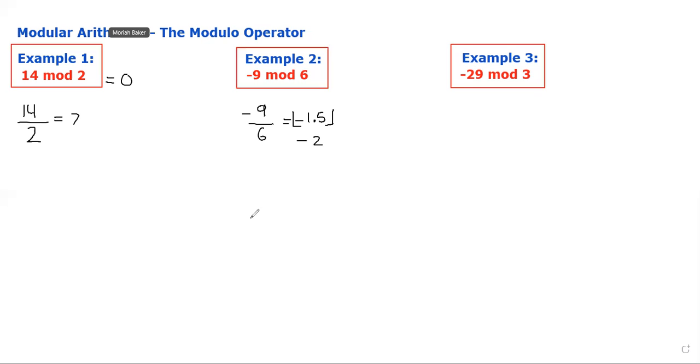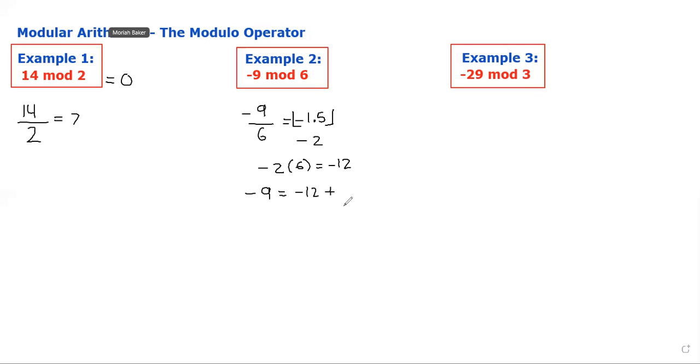Now the next step of this trick is to take -2, multiply that by our second number, which is 6 in the problem. So -2 times 6 gives us, of course, -12. Okay, and now what we're going to do is write it out as -9 is equal to -12 plus, and then we find that remainder.